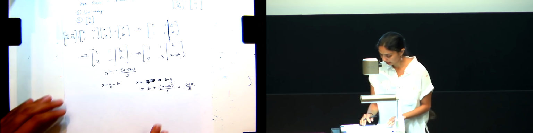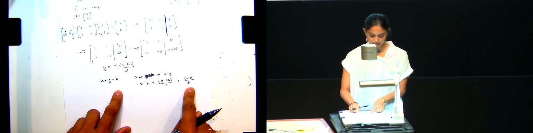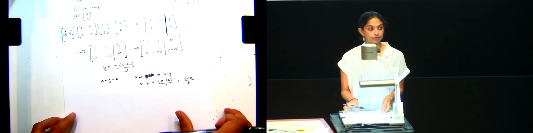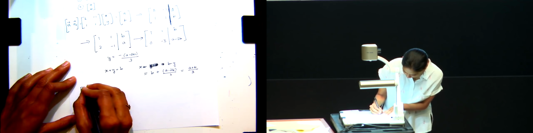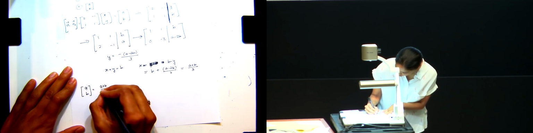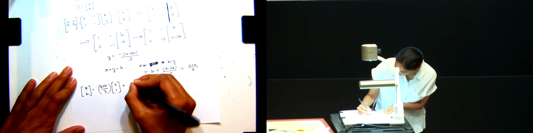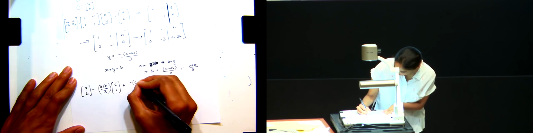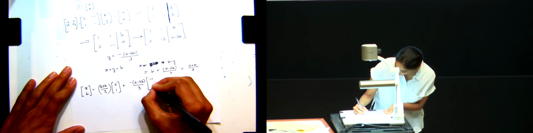Just algebra. So x and y are equal to (a + b)/3 and (-a - 2b)/3. So now I can write this vector (a, b) in terms of the coordinates of this second basis v1, v2. I can write it as (a + b)/3 times (2, 1) plus (-a - 2b)/3 times (-1, 1).